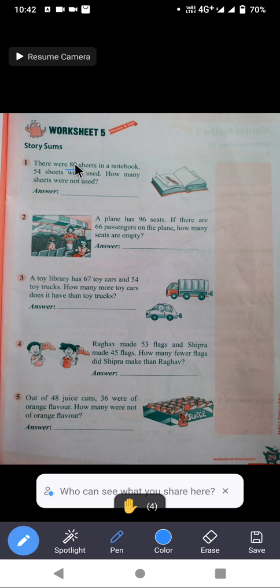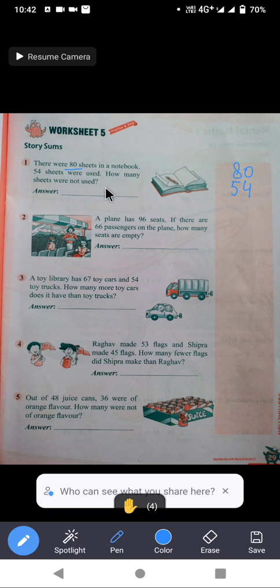So let's write the bigger number first here. We have 80 sheets here. First we will write 80. Then how many sheets we have used? 54. Out of 80, 54 sheets were used. So we will write 54 below 80.